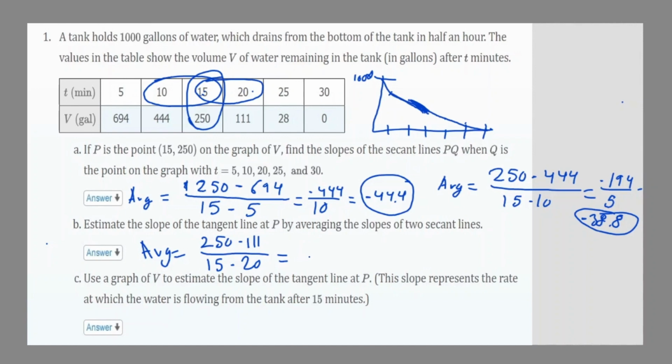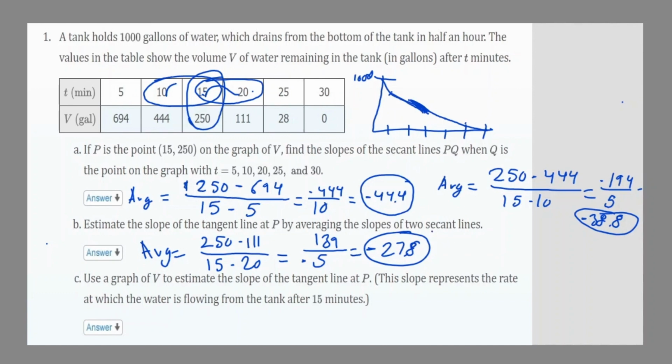So afterwards we will get negative 5 on the bottom, and on the top we will get 139. And if you simplify that further, that would give you negative 27.8. So negative 27.8 is the slope from 15 to 20.